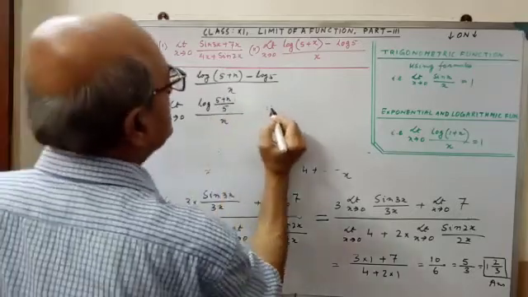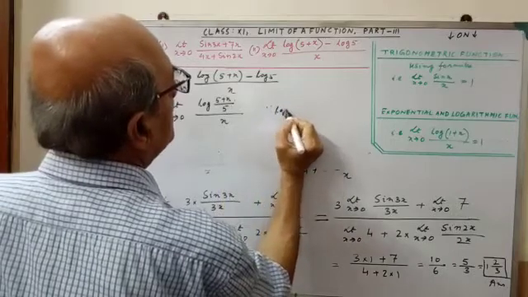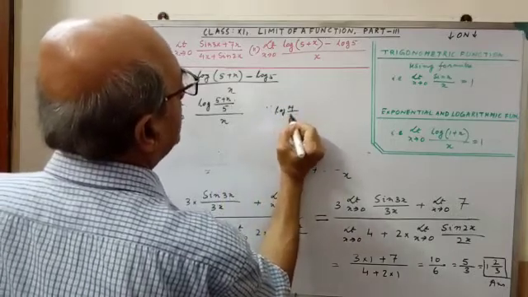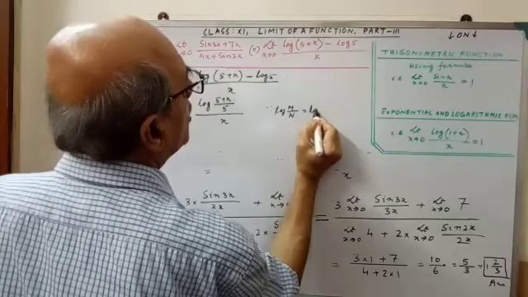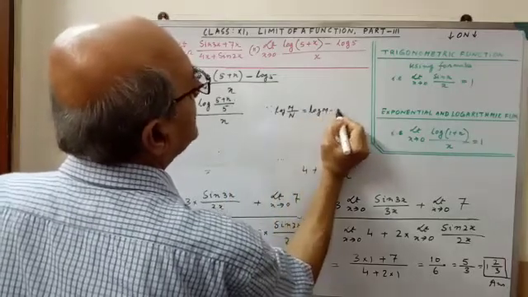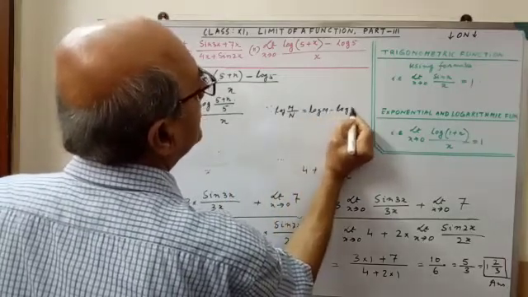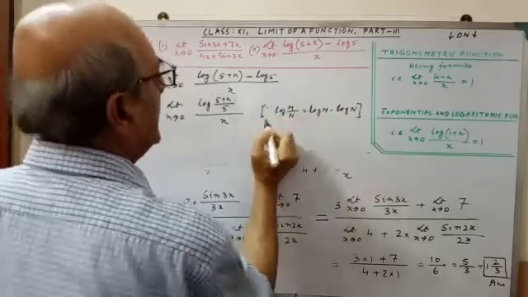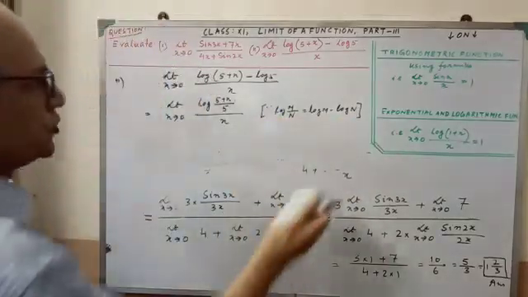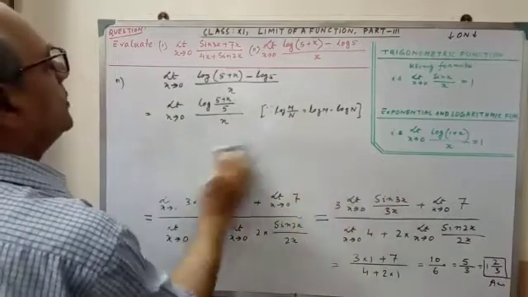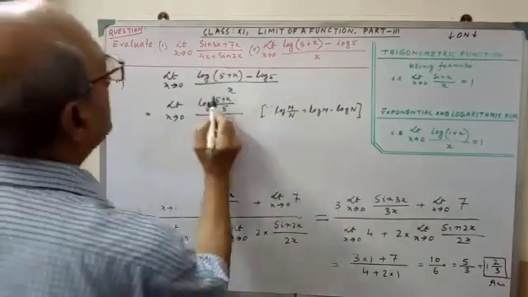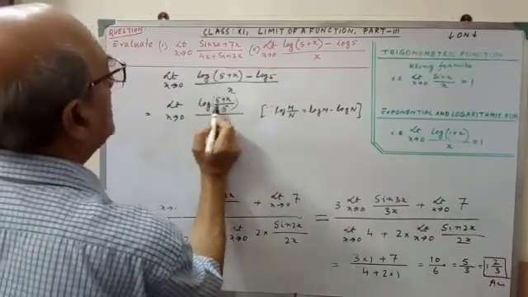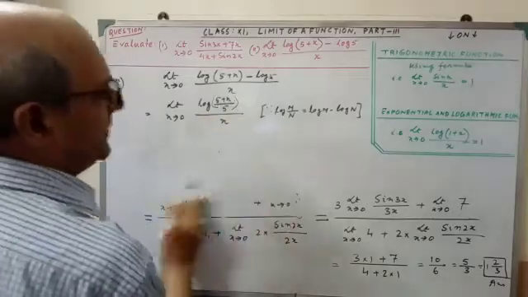That is, since log m minus log n equals log(m by n), that you have learned in class 9. So by applying that formula, we are getting this expression (5 plus x) by 5.